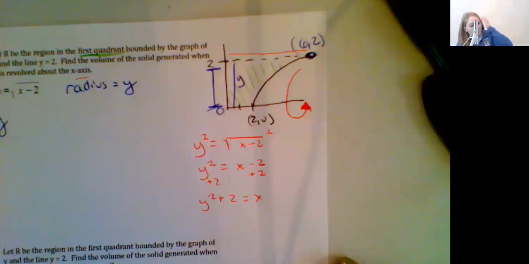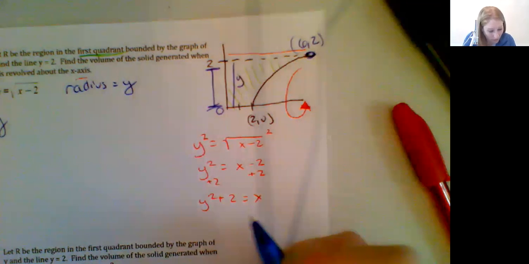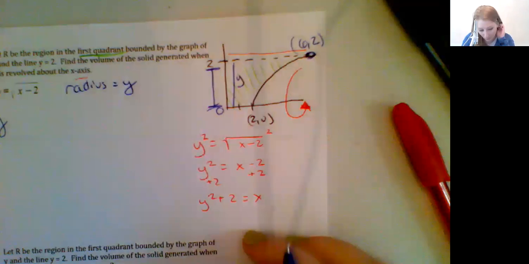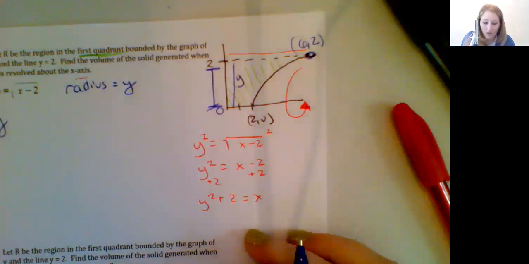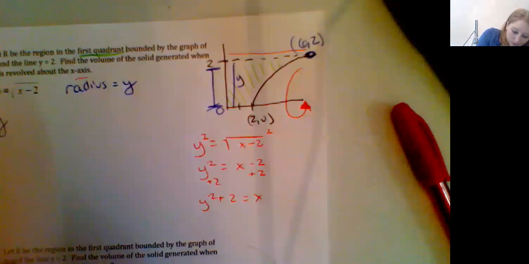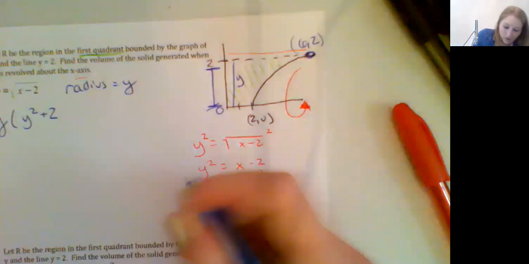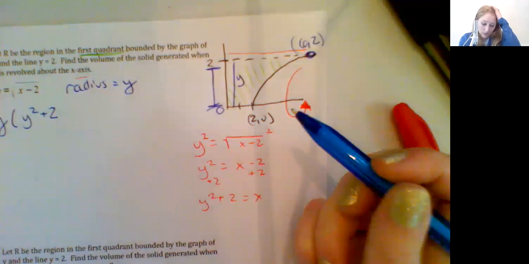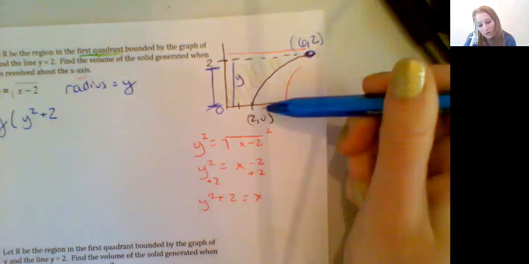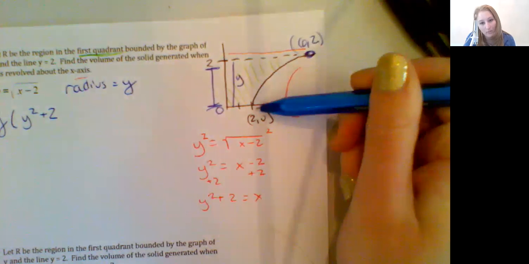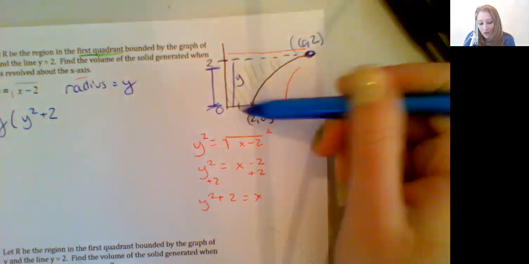This is telling me that my height is going to be y squared plus 2. This one is nice in the sense that we are going around the x-axis, so there's not going to be any gap here.